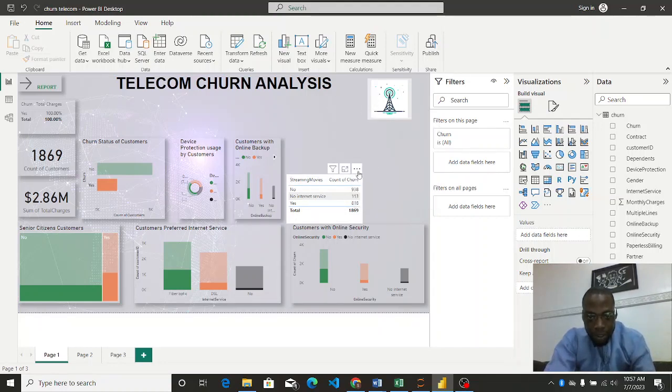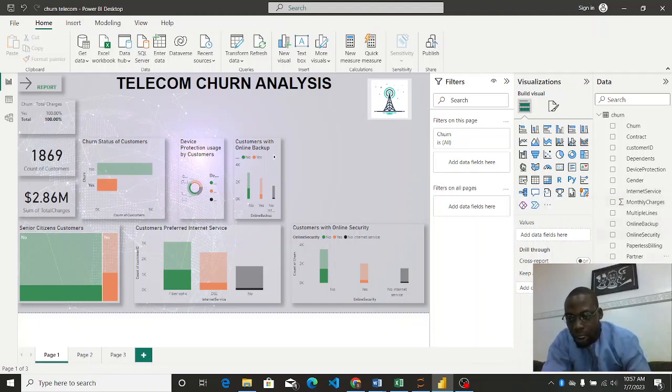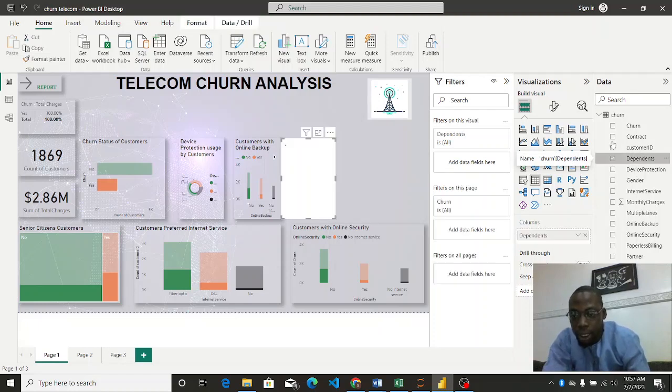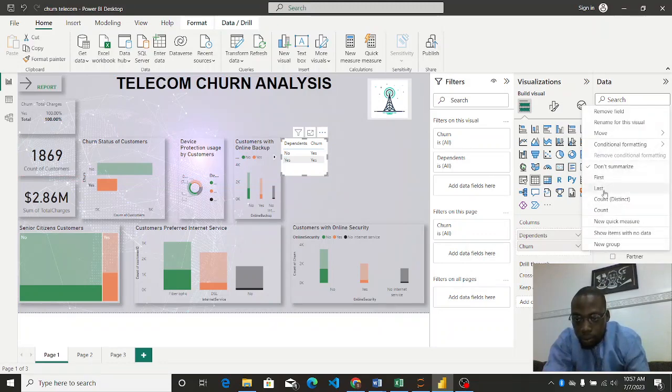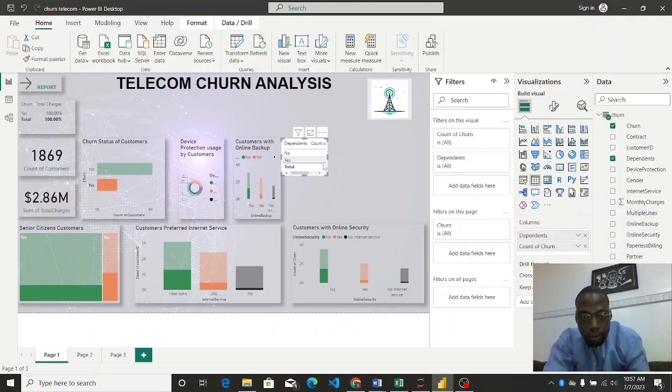But it's not a primary metric. It's just a secondary metric that buttresses the point of a primary metric. Another secondary metric you have to take note of here is the dependents. Do these individuals that churned have dependents? Let's see. You can see that no, they don't have dependents. This buttresses the point that they are still youths.